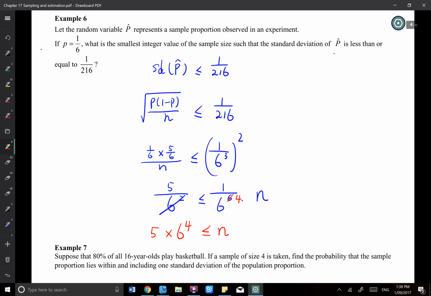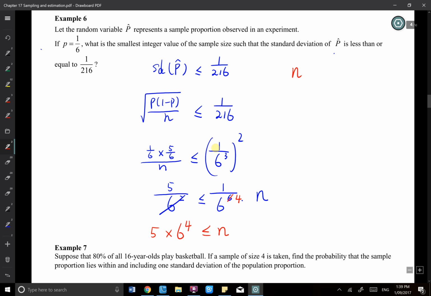Okay, our standard deviation of that is less than this, and therefore I want square root of 1/6 times 5/6 over n to be less than or equal to that squared. So that's the variance. Variance is less than that. That's 1/6 to the power of 6. And then this side is 5/6 to the power of 2. Then I will times 6 to the power of 6 on each side.